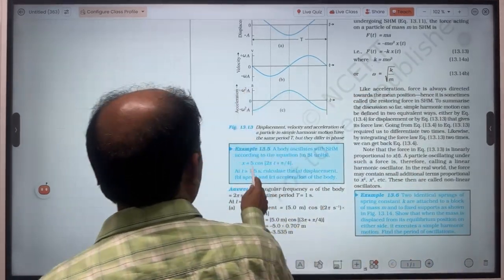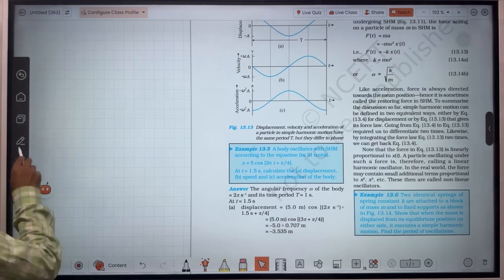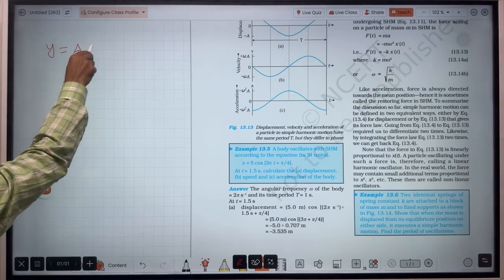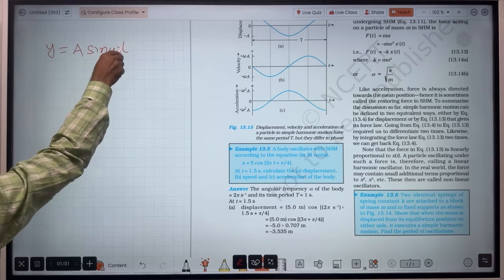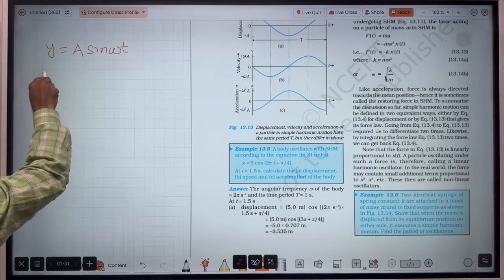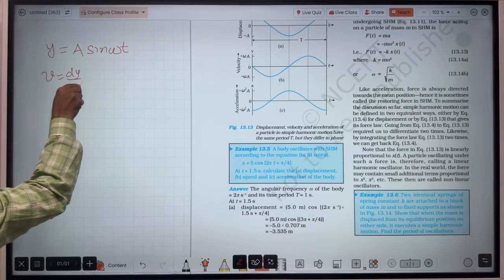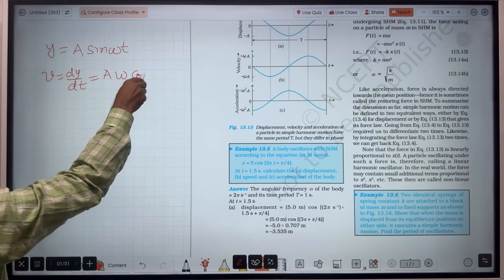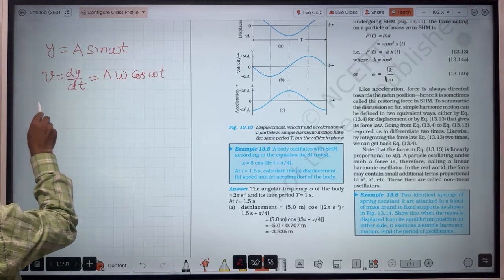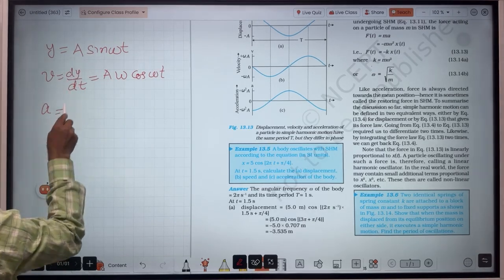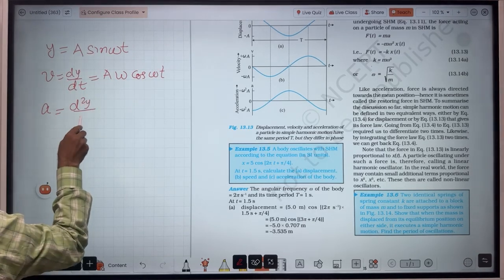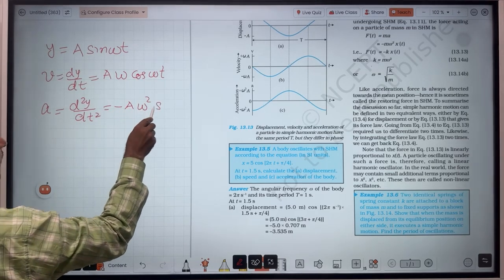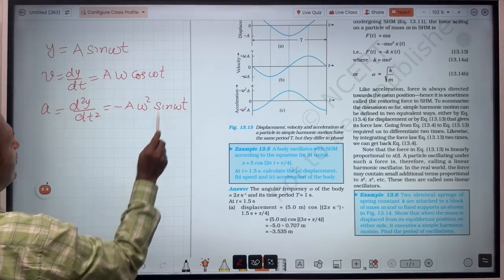As I told you, if you start from the cosine function, two possibilities are there. If we take y equal to a sine omega t and evaluate velocity, velocity will be dy by dt, that will be a omega cos omega t, and acceleration a will be the second derivative, d2y by dt2, that will be minus a omega square sine omega t.